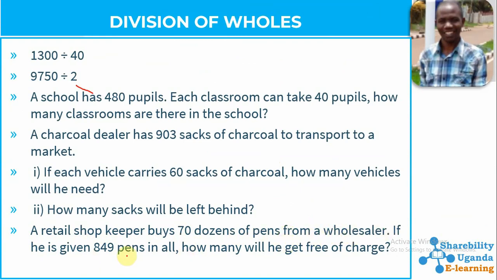If he is given 849 pens in all, how many will he get free of charge? This shopkeeper is the one buying from a wholesaler. So he is given 849 pens in all. How many will he get free of charge?